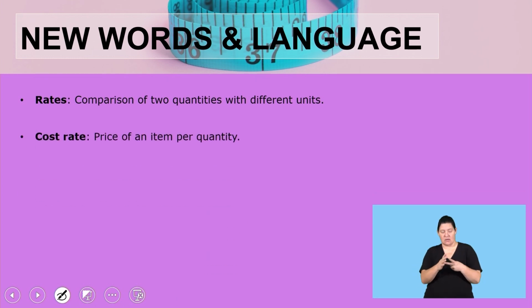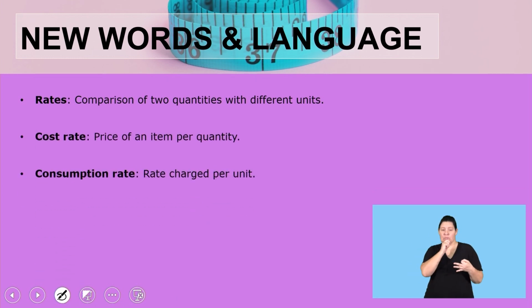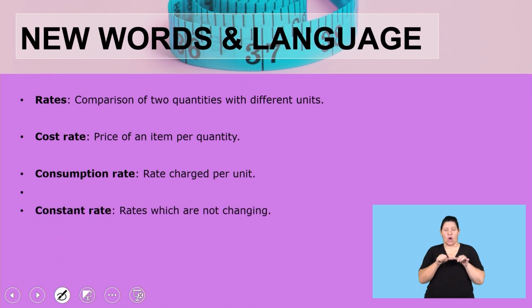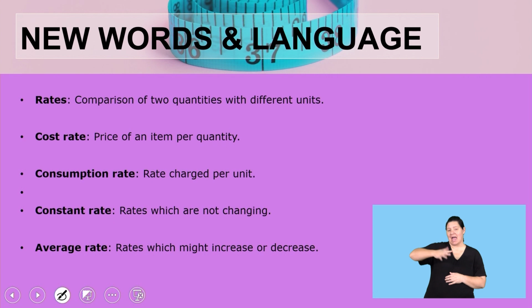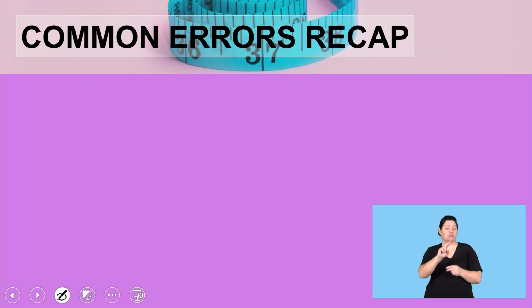We've learned the cost rates. We have learned the consumption rates. We have learned the constant rates, and we have learned the average rates. And we've used all these terminologies, and I hope now that you are familiar with these terminologies, you know when to use them appropriately in real life as well. So the unit rate was also used.